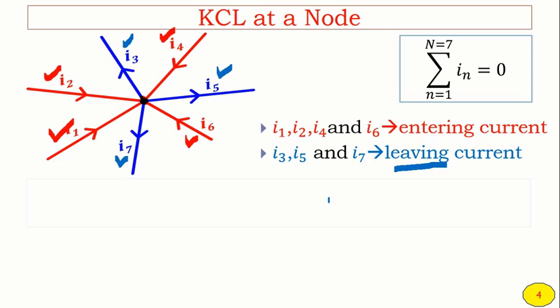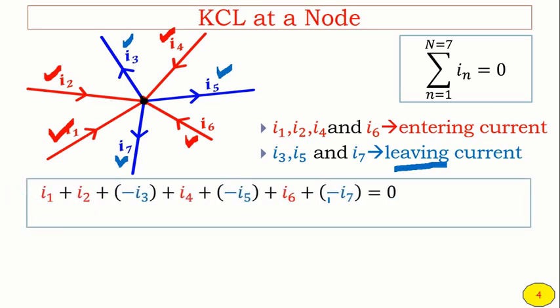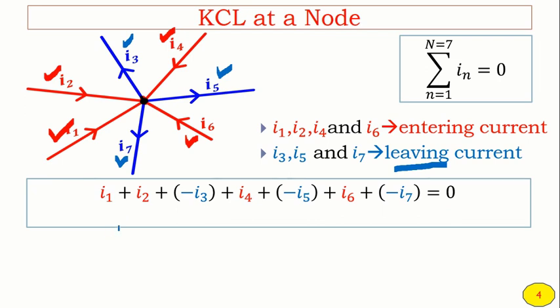Accordingly, we get I1, I2, I4, I6 as positive and I3, I5, I7 as negative, and their sum is equal to 0.